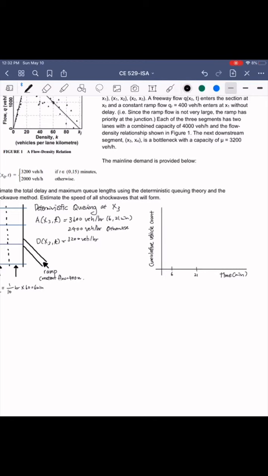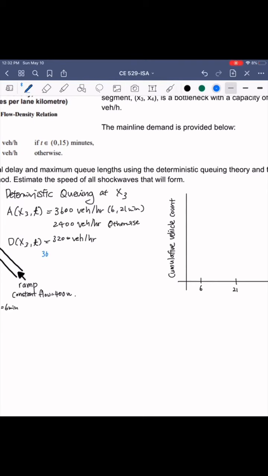So 3600 divided by 60 is 60 vehicle per minute, and 2400 divided by 60 is 40 vehicle per minute, and 3200 divided by 60, if you put that in the calculator, gives you 53.33 vehicles per minute.